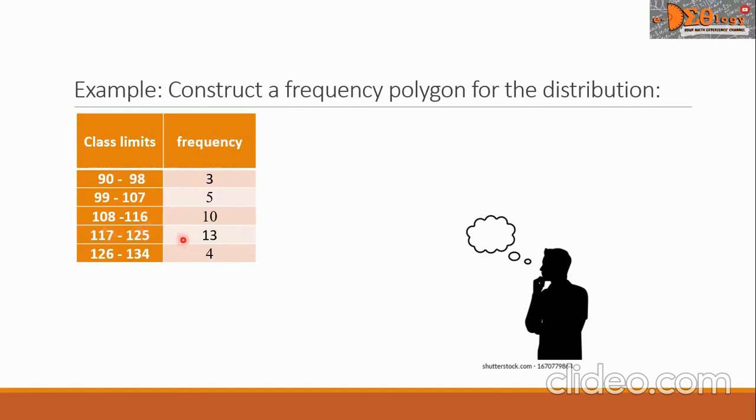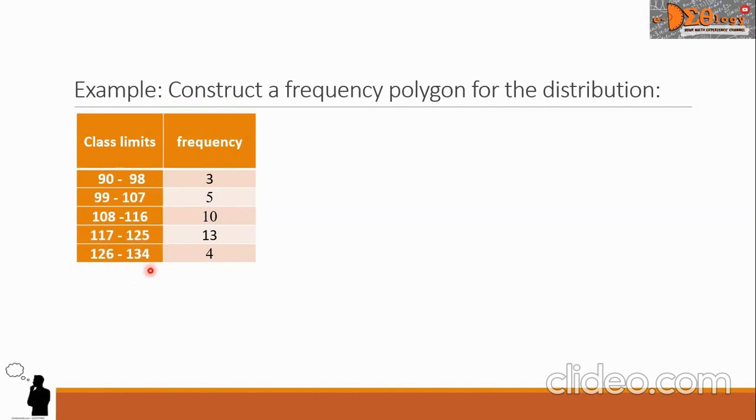A frequency of 13 for the class 117 to 125. A frequency of 4 for the class 126 to 134. For our solution, let us do step 1, and that is construct another column for midpoints.